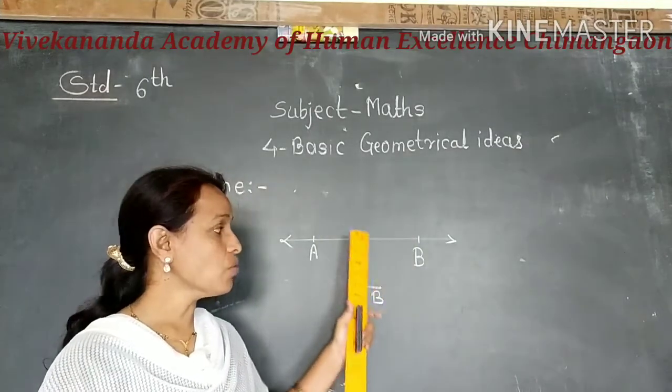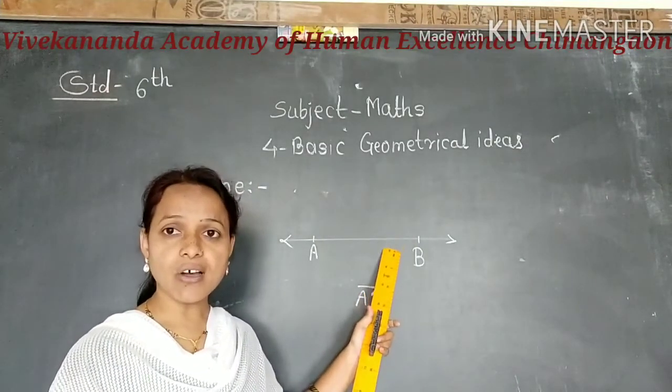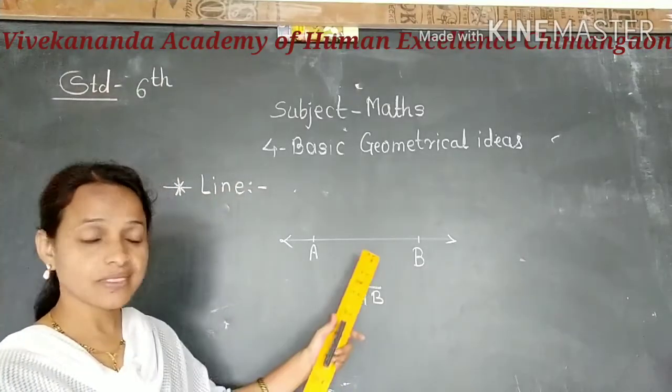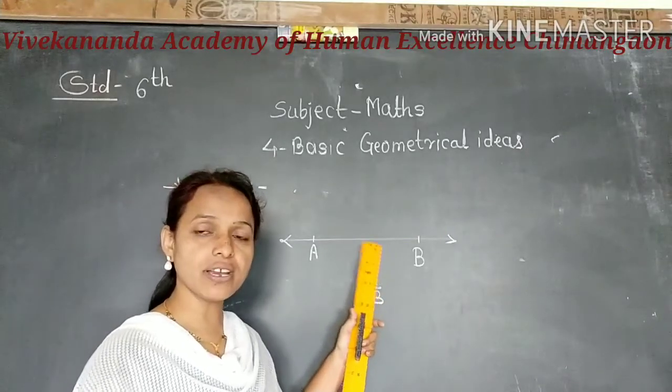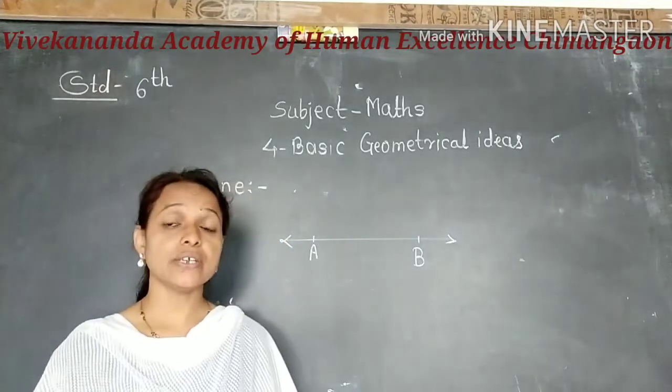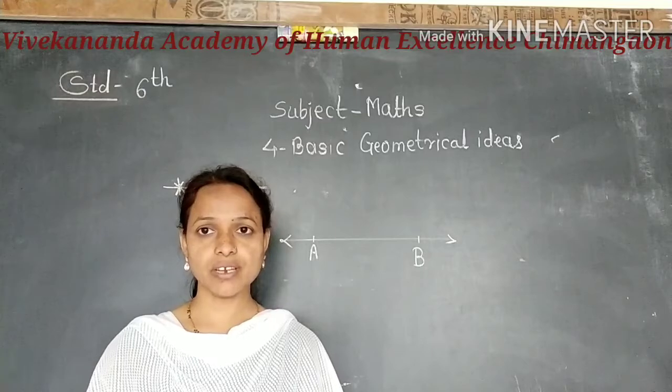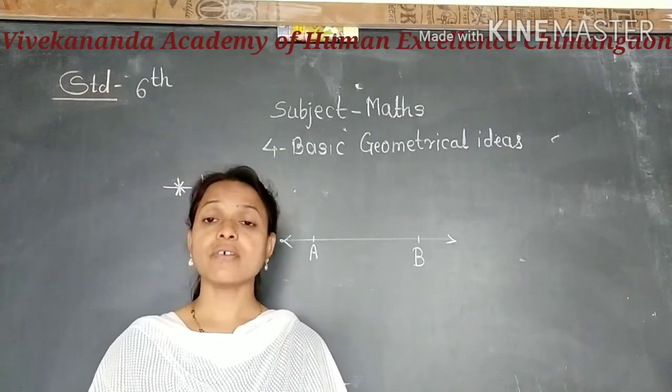So here now we get a model of a line. This is the model of a line. Do you think you can draw a complete figure of a line? No. Why?